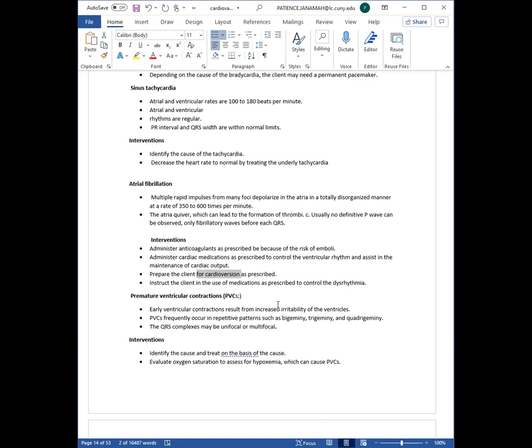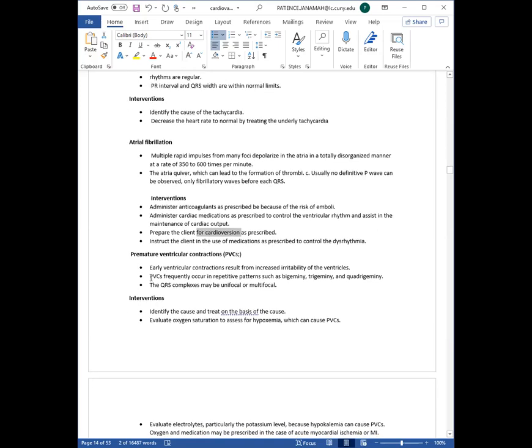So anticoagulant will help smooth the flow of blood in and out. So if you have that in mind and you start seeing atrial fibrillation, you know the atrium will move the blood and then it goes to the lung and the pulmonary is involved. You'll be able to pick the answer: anticoagulant for emboli and prepare the patient for cardioversion. Those are the things I want you to take note of.